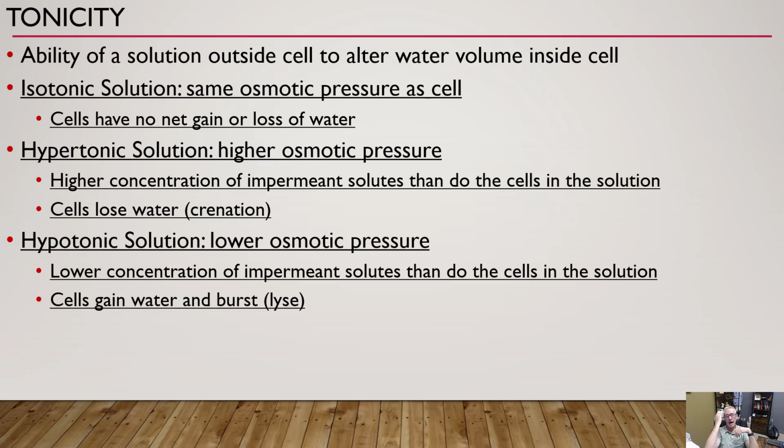If we have an isotonic solution, that just means the osmotic pressure inside the cell is the same as the osmotic pressure of our plasma. So we don't have a net gain or loss of water.